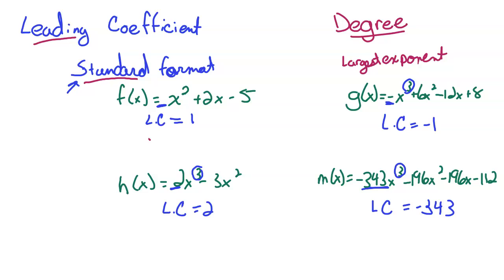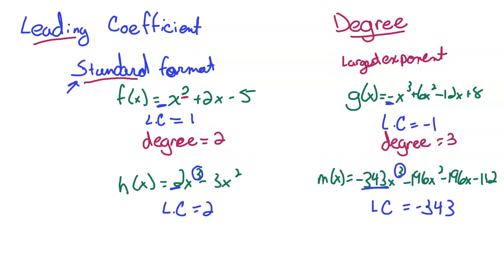So like in this f of x, my degree is going to be a 2, because that's how many x's I'm going to have. So g of x, the degree, and it's a little bit hard to tell here because I have that circle around it, there we go, is going to be a 3.